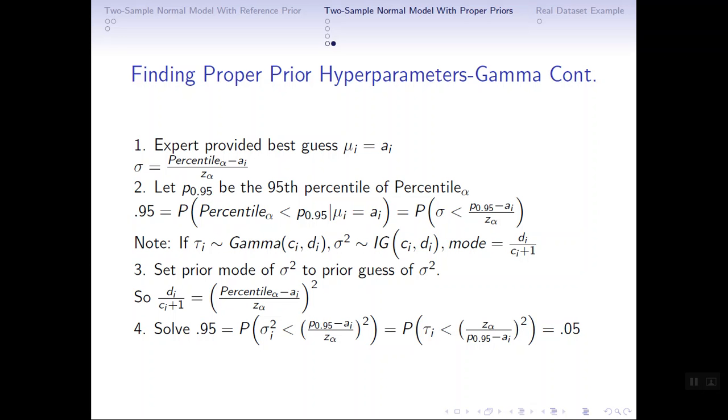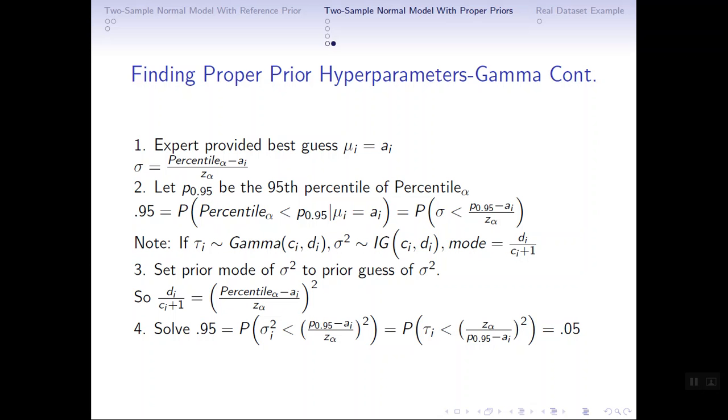Okay, and now to set up these 2x2 systems of equations, we have to set the prior mode of sigma squared to the prior guess of sigma squared. So then D over C plus 1 for each sample equals the percentile minus A over Z alpha, squared. So that's the first equation, and the second equation is given in number 4.